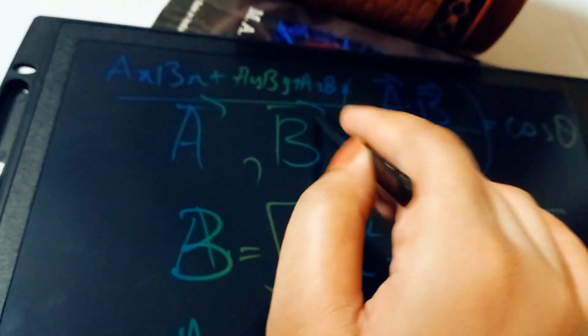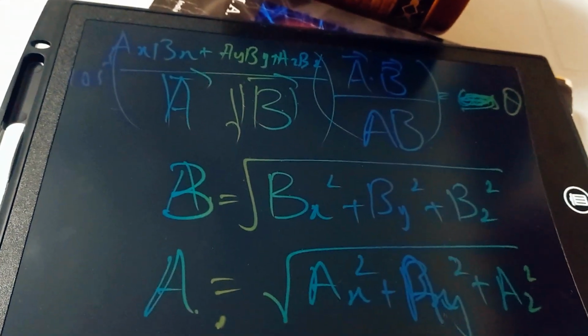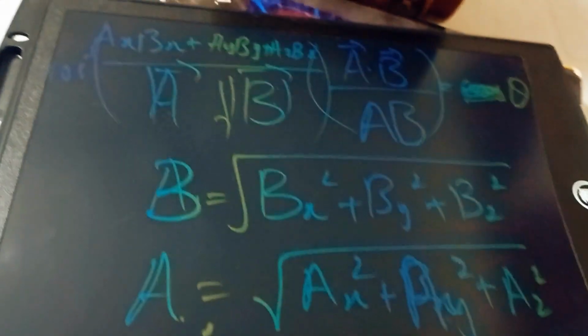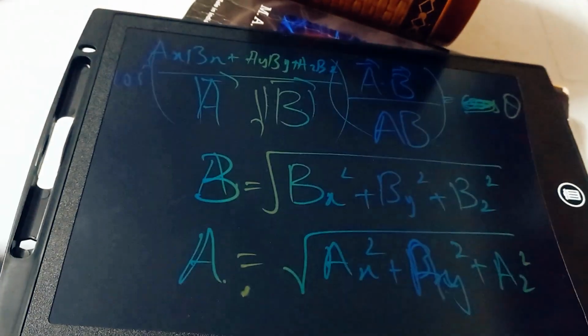You write them here, and cos inverse of this will give you the angle theta. I hope you get it. So there are many ways to manipulate different things to calculate the one that we want to calculate. Yeah. Goodbye.